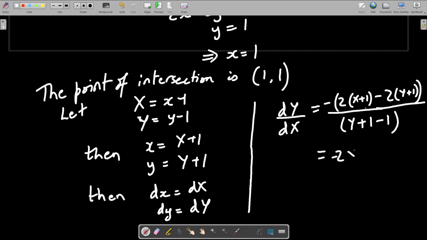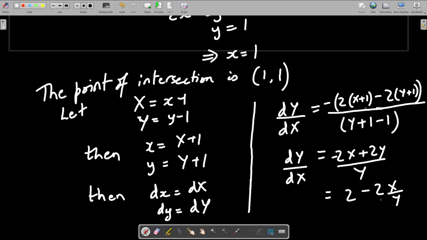So you should end up with minus 2x plus 2y upon y in the denominator. So this will become 2, y will cancel, minus 2x upon y.